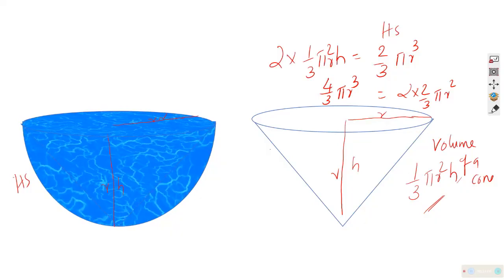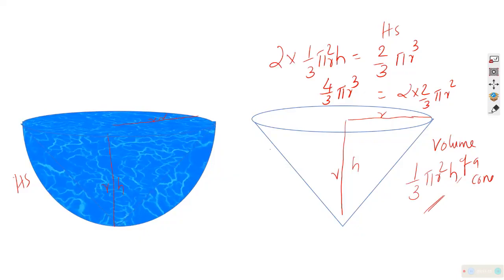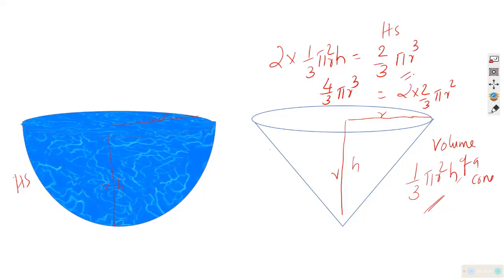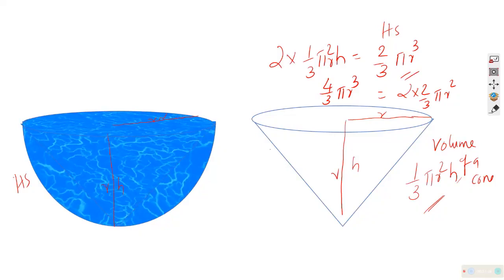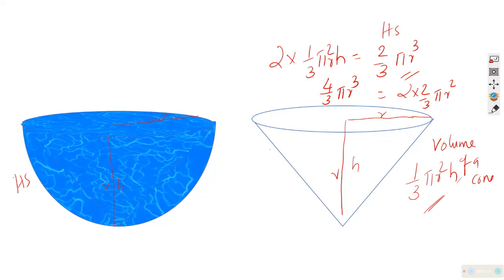Now from the same cone we found that 2 times the cone volume of the same radius and height, which are the same for the hemisphere, equals the volume of the hemisphere, where we get the formula 2 by 3 pi r cube, and 2 times that, 4 by 3 pi r cube, is the volume of a sphere.